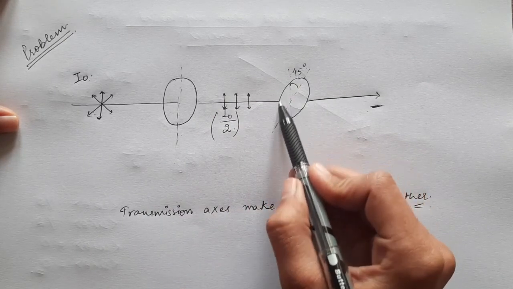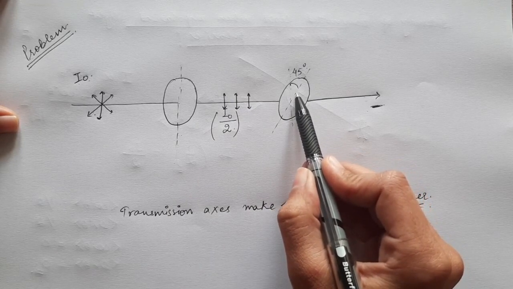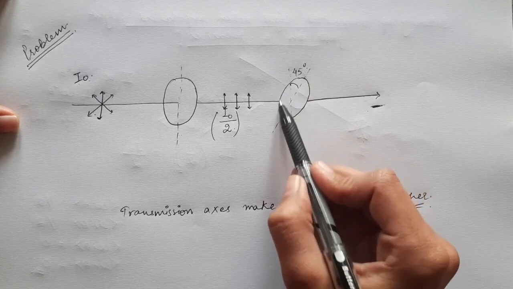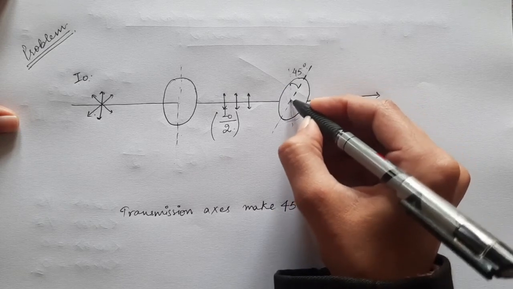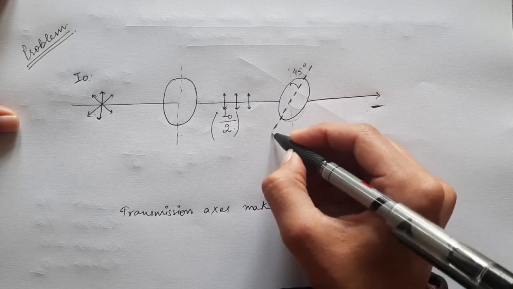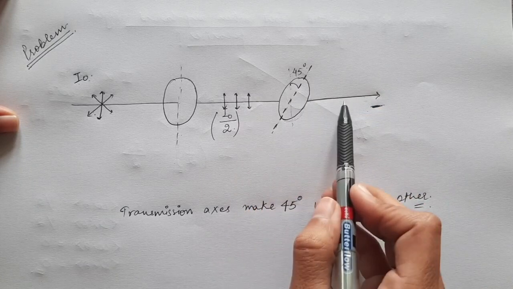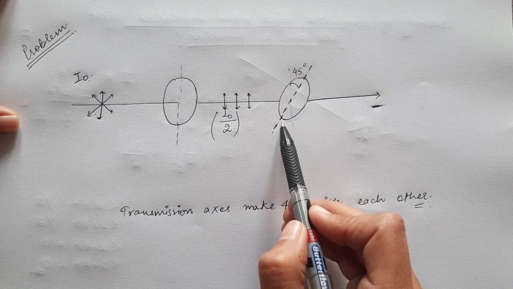But in this case, only that component will be allowed to pass through which is parallel to the transmission axis. Now this polarizer has the transmission axis which is aligned at 45 degrees. This is the transmission axis of the second polarizer. So only that component will be allowed to pass through which will be parallel to the transmission axis.